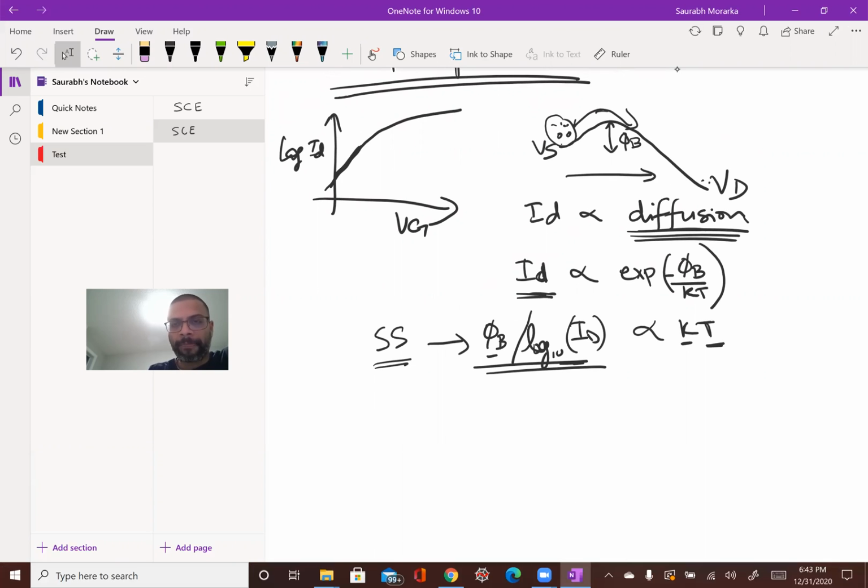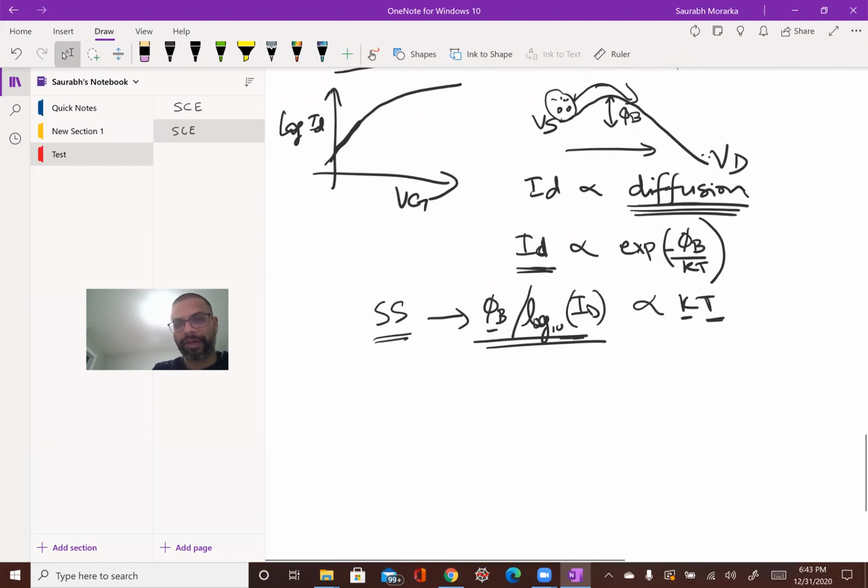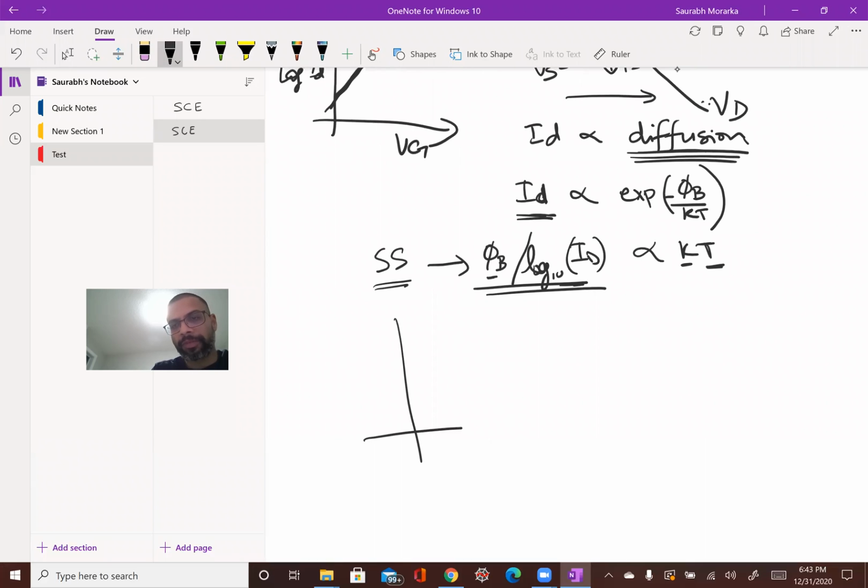So what this means is that if that device were taken to a cryogenic temperature or very low temperature for quantum devices, the subthreshold slope will go down. Going down implies it will become much sharper on this scale. So let's draw this.